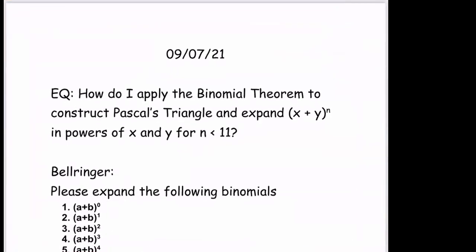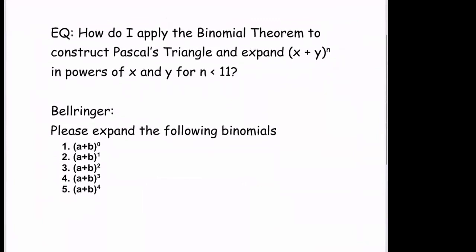Okay, here we go. So our essential question is, how do we apply the binomial theorem by using Pascal's triangle to expand any binomial a plus b raised to n power? And we're going to limit it up to n less than or equal to 11, or x plus y to the n, all right?